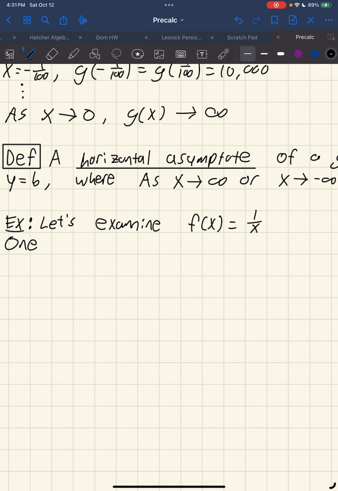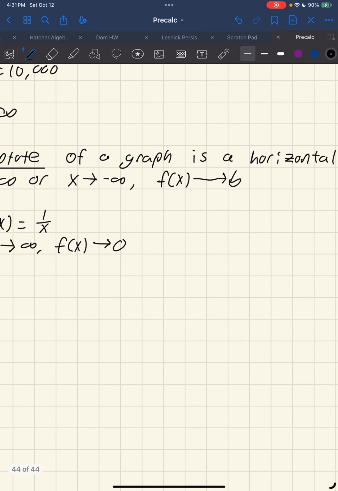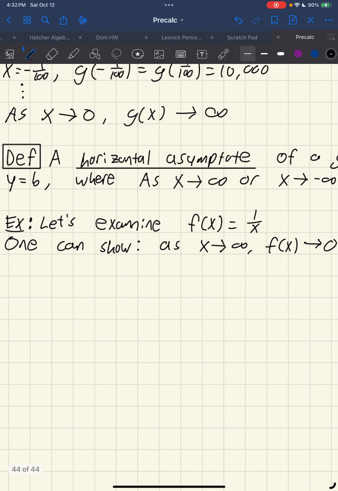One can show the horizontal asymptotes are the same. As x goes to infinity, f of x is going to 0. And as x is going to negative infinity, f of x is also going to 0. We can show that. But that's not what's interesting about this problem.